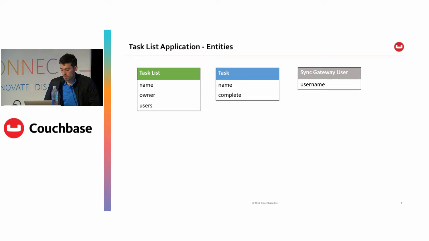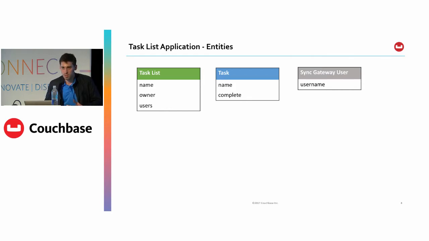Let's now start from the beginning. Let's imagine you have just one requirement, which is to have lists and the other is to have tasks. And you might start off with tables. And if you wanted to have users in those lists, you'd have a user's property, which could be an array. When you start doing data syncing with access control, you introduce the notion of a user, and we call it a sync gateway user.